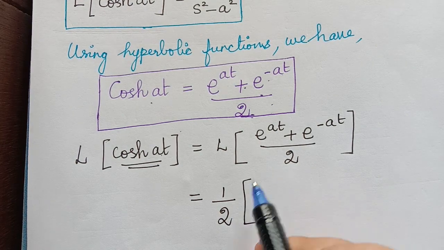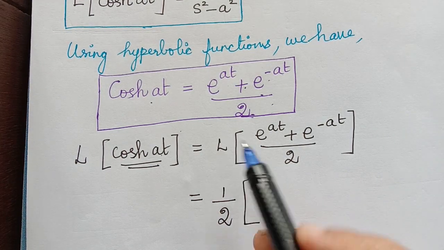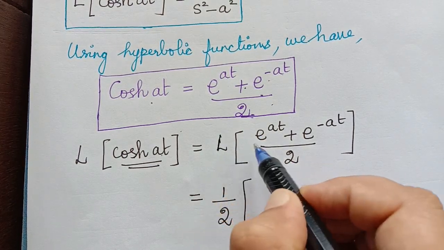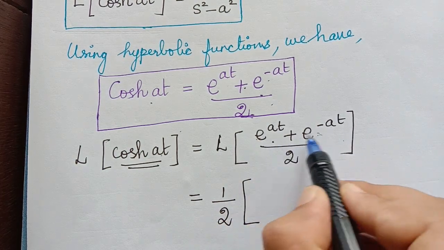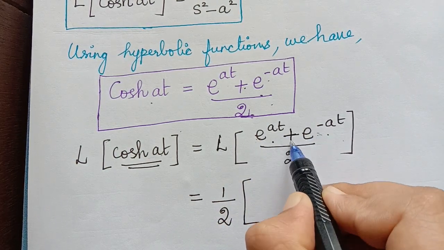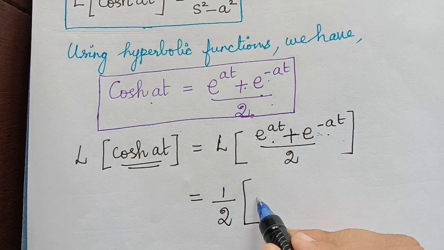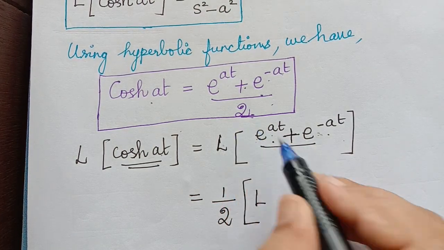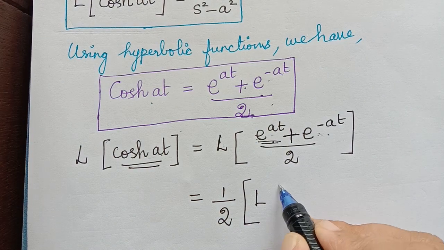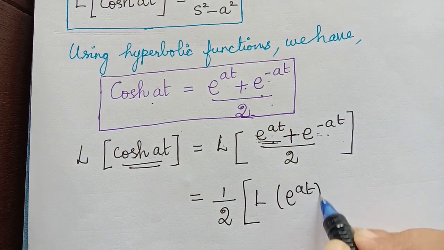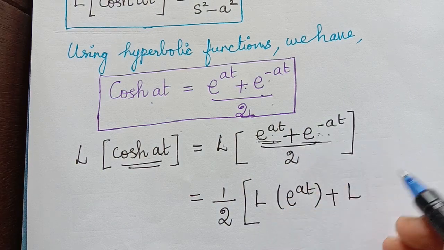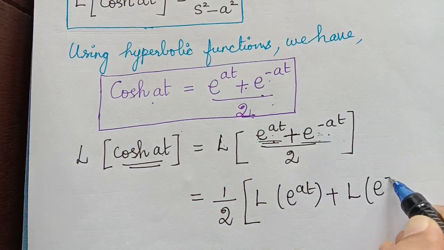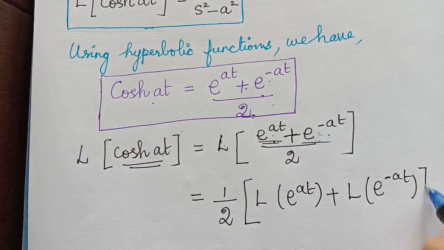And then by applying the linearity property, this Laplace transform can be taken within the bracket, and it can be separated between these two terms as we have a positive sign here. So it will become Laplace transform of this first term, e to the power at, plus the Laplace transform of the second term, e to the power negative at.